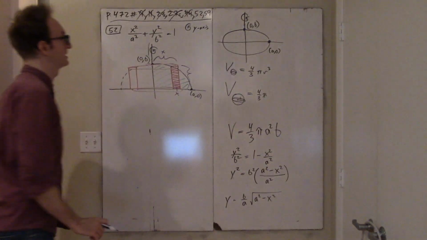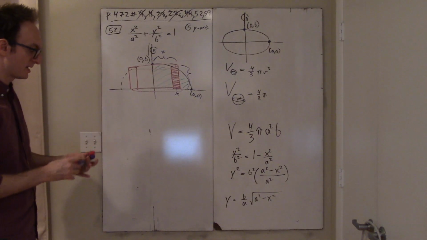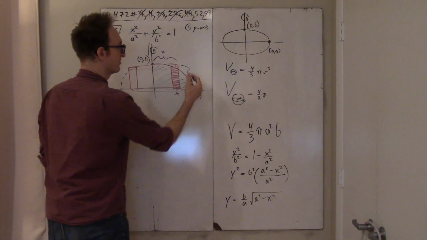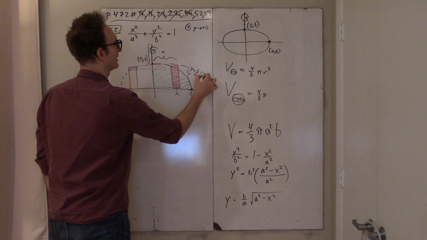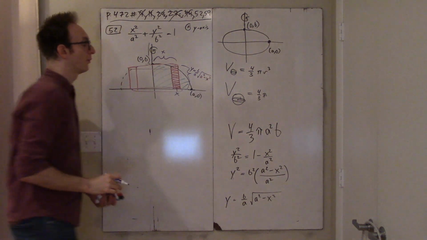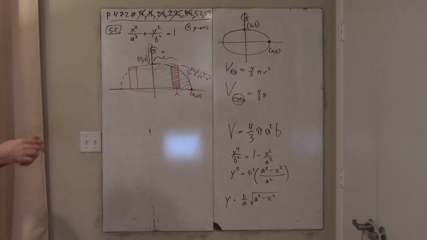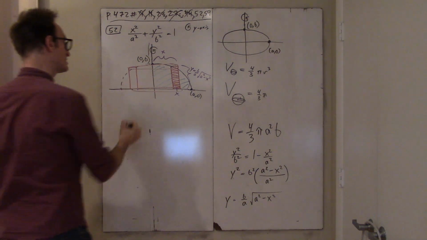Okay, so this is just doing some basic algebra, solving for y. Alright, so putting it all together, maybe this is not so bad. I'm going to find the volume of this shell. What is it?